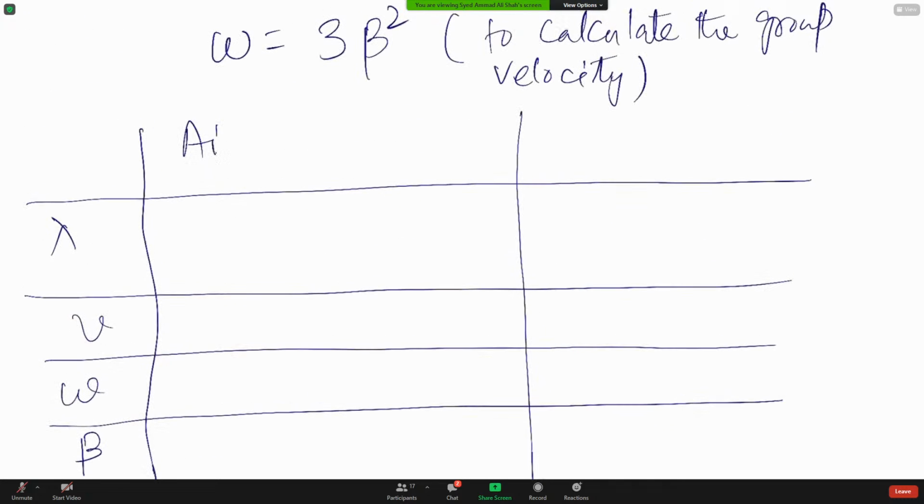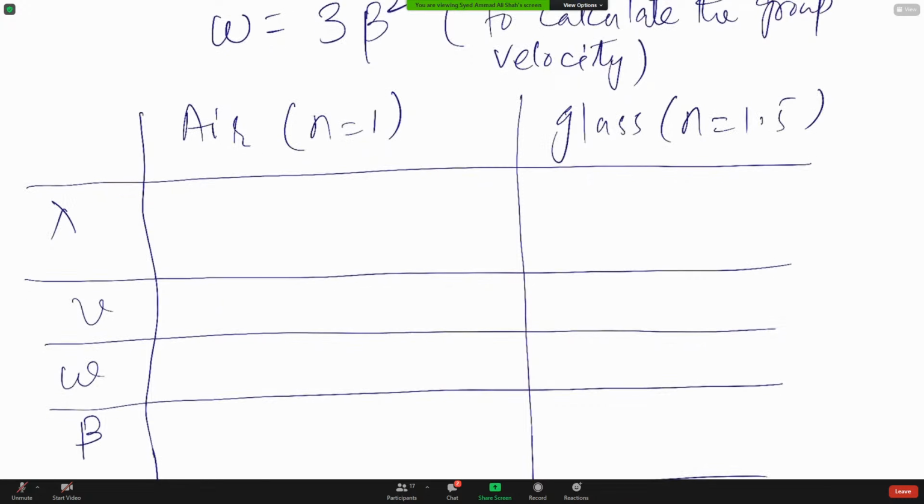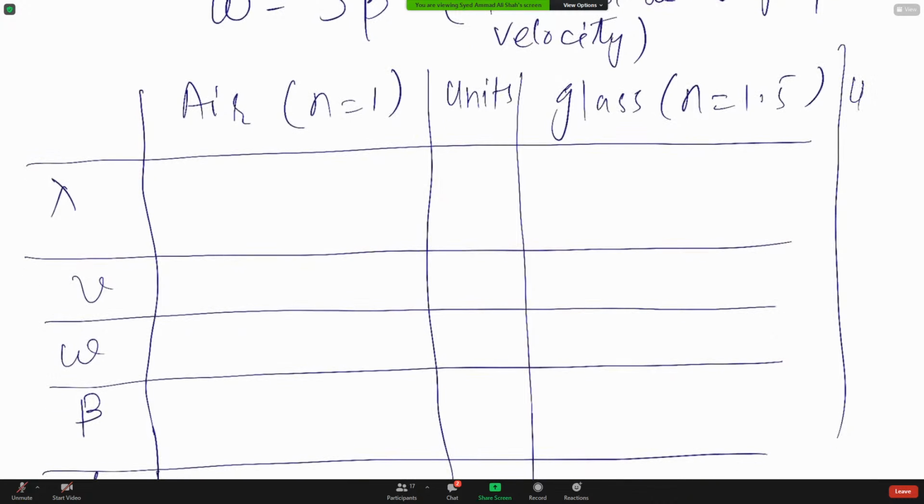So air, N is equal to 1, and for glass, N is equal to 1.5, and then it says write the units.